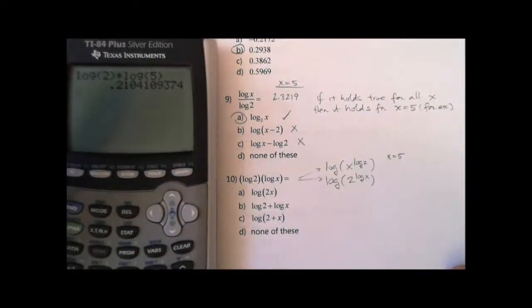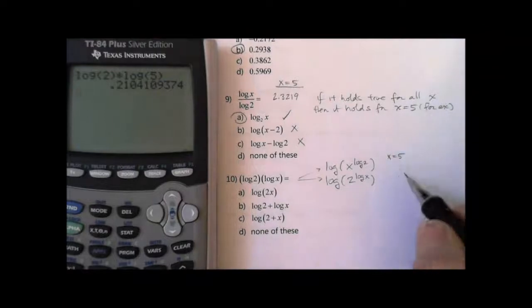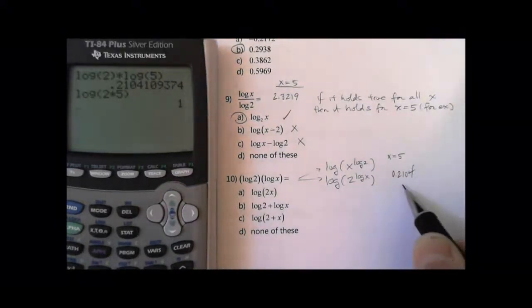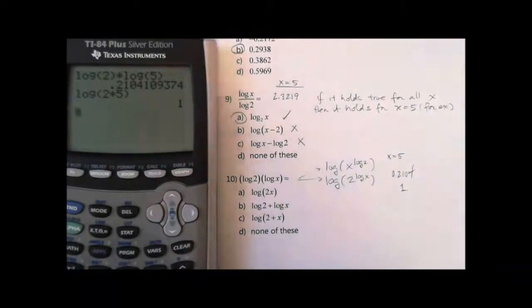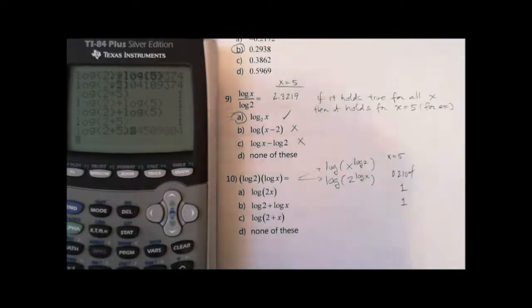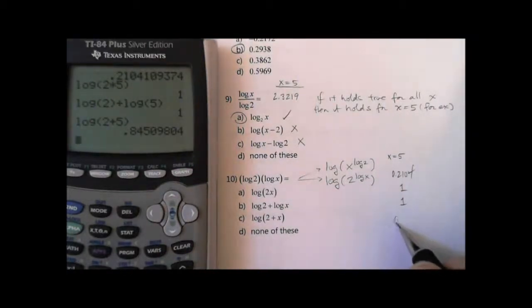Okay, so 0.2104. And let's check each of these in turn. Let's check the log of 2 times 5. That's 1. Let's check the log of 2 plus the log of 5. That's also 1. Let's check the log of 2 plus 5. 0.845.